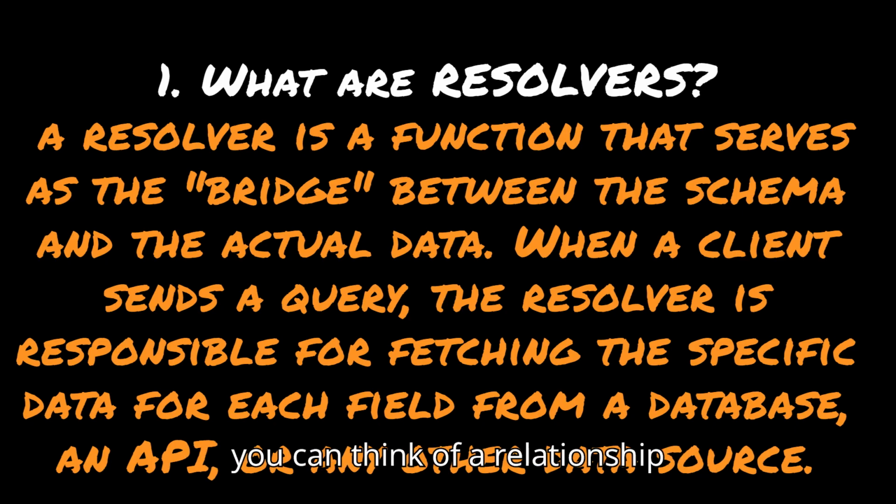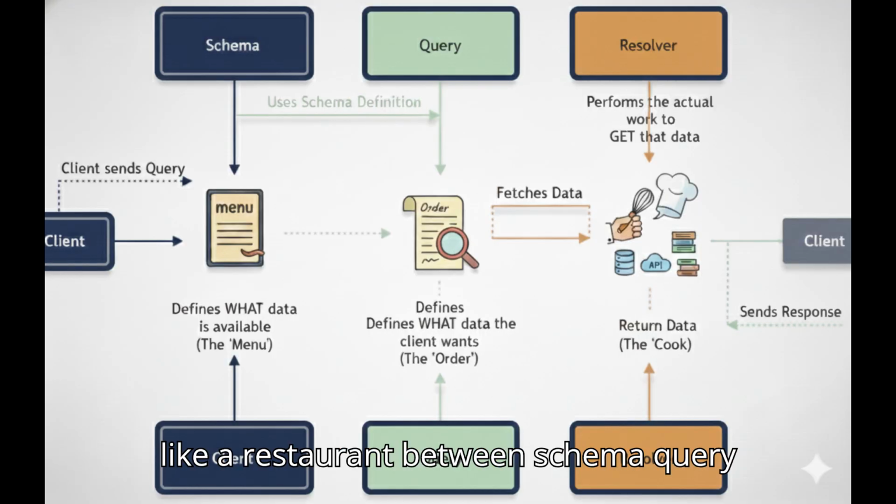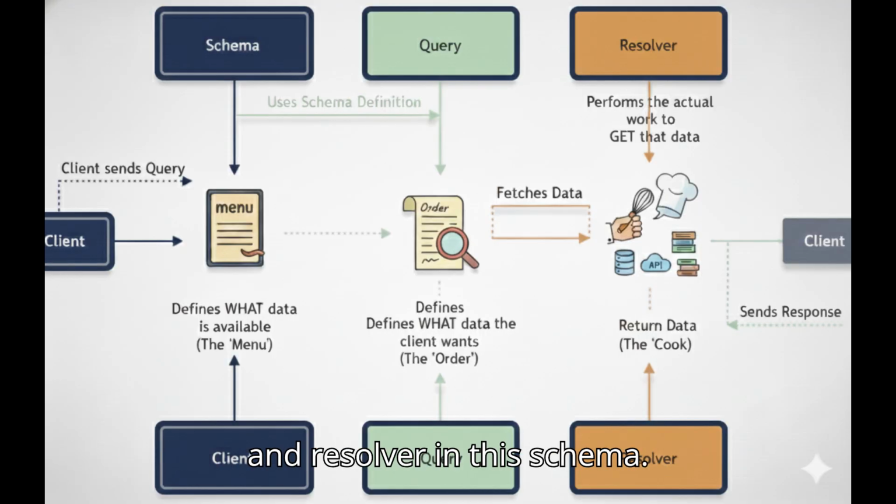Conceptually, you can think of the relationship between schema, query, and resolver like a restaurant. In this, the schema works as a menu. That means the schema defines what you can order.